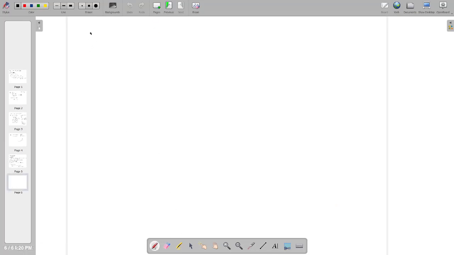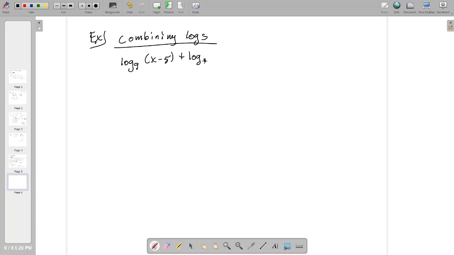Let's do another example. This one, where we're going to have to combine some logarithms. So we have to work a little bit more on step 1, combining logs. Log base 9 of x minus 5 plus log base 9 of x plus 3 is equal to 1. So notice here, we now have two different logarithmic terms, and it's equal to 1.